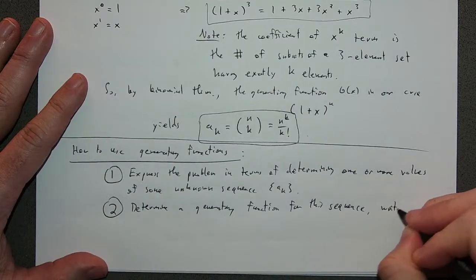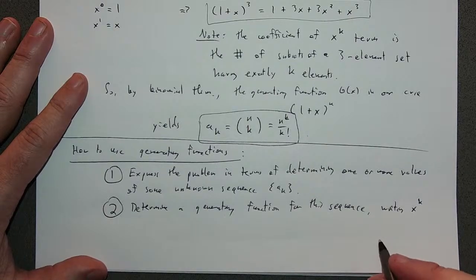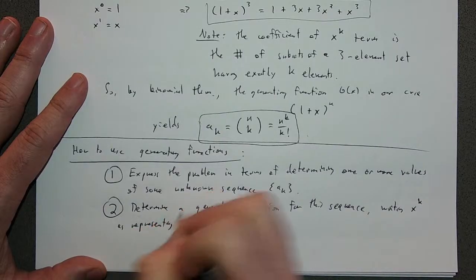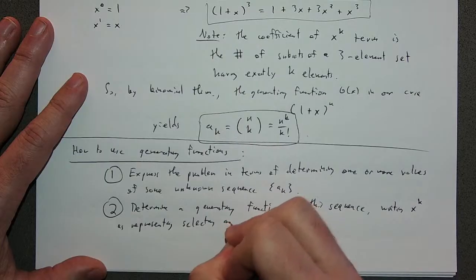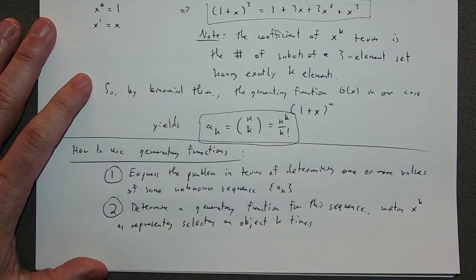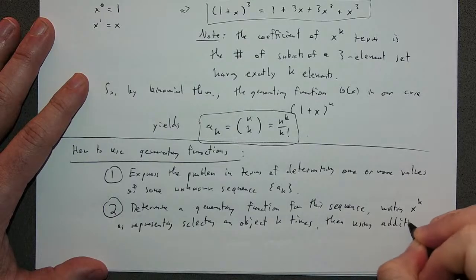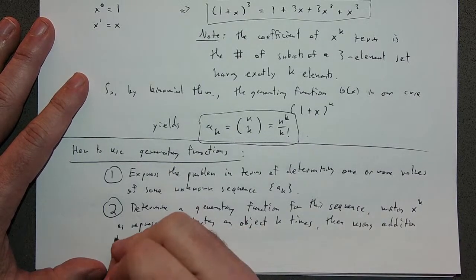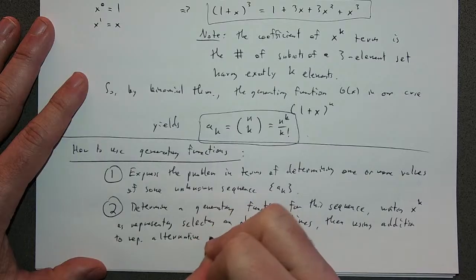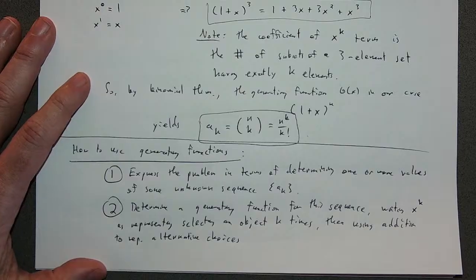Writing x to the k as representing selecting an object k times, then using addition to represent alternative choices, this is the or bit, and multiplication to represent sequential choices.